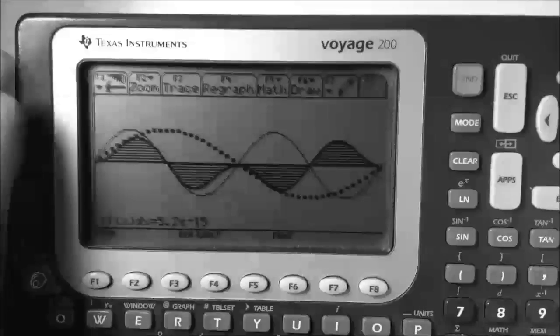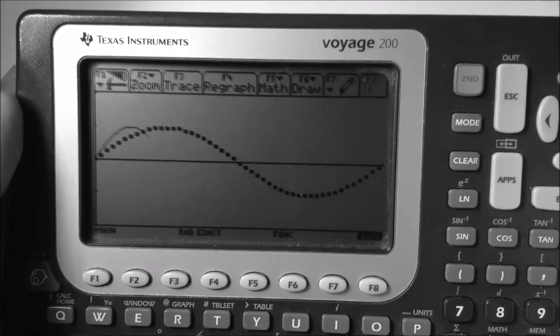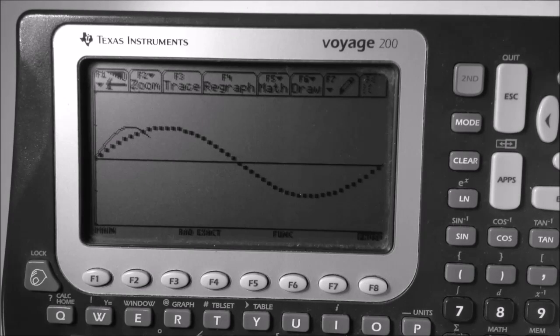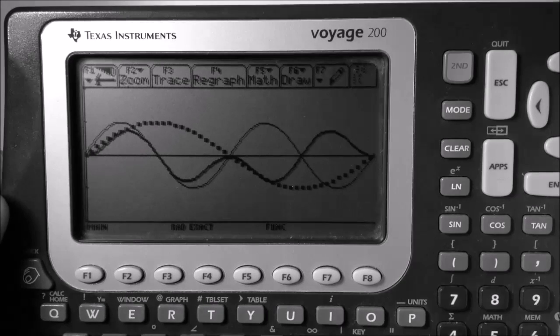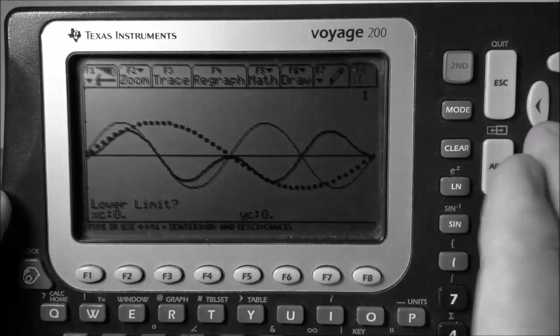So we have a 1 hertz sinusoidal, which is the square-styled curve, and a 2 hertz sinusoidal, which is the line-styled curve, and the result of multiplication, which is the thick-styled curve. Now I'm going to find the area under the result of multiplication.